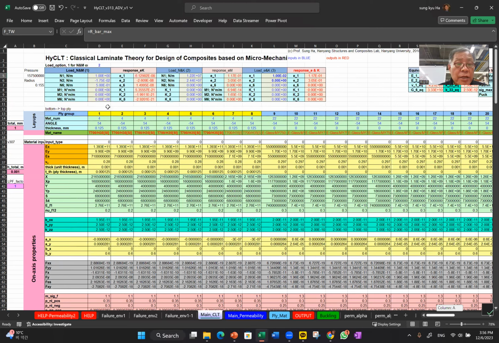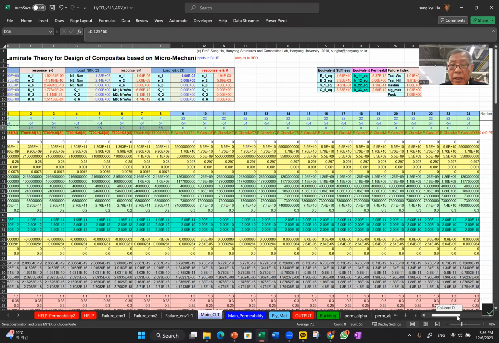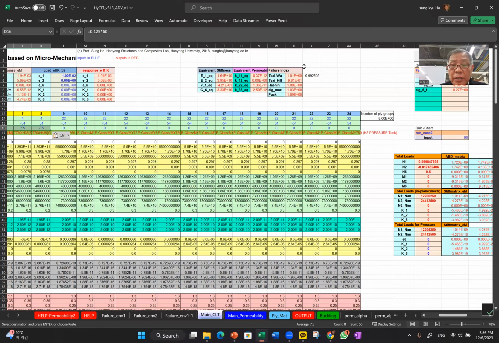So 60, let's say approximately 60 times. And this will give us about the stress where the psi-U index is equal to 1, right?